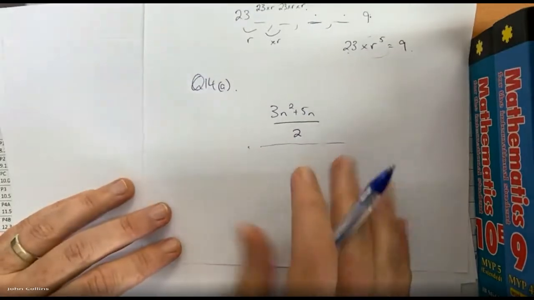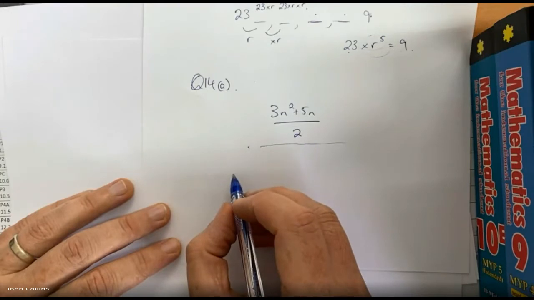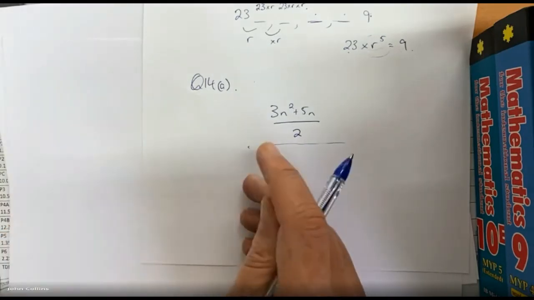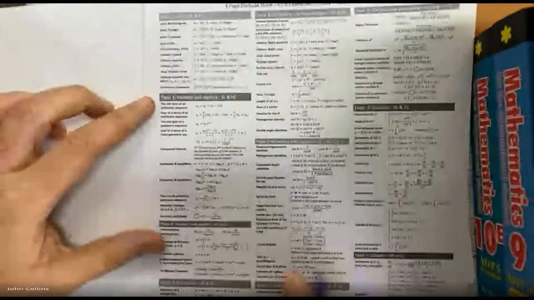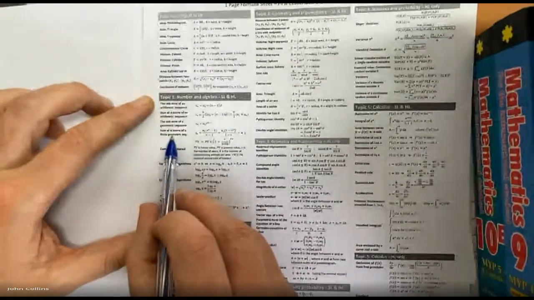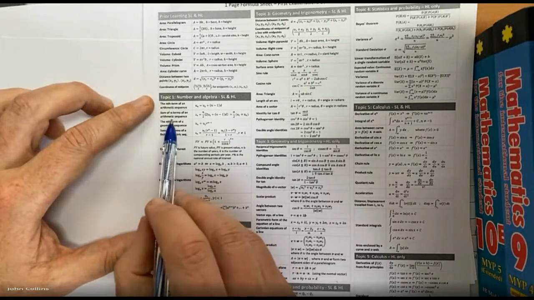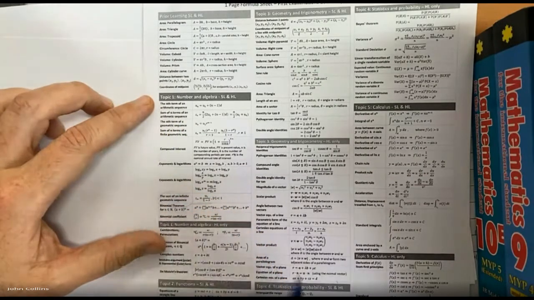What was the first? So the sum of the first n terms of any sequence, of an infinite sequence. Well, that's a formula. If I go to my formula, sum of n terms of an infinite sequence, there's two options. It's either arithmetic or geometric. So let's look at the two formulas.